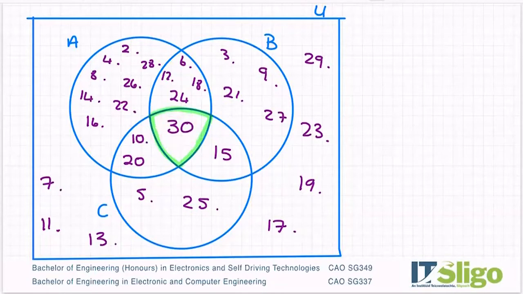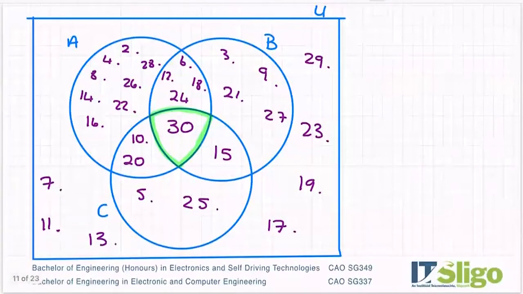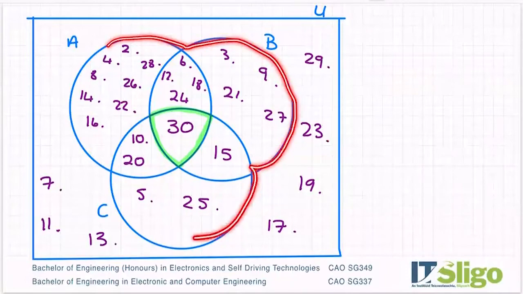So that's the universal set filled into the Venn diagram, and that completes your Venn diagram, and there could be a fair amount of marks for completing that. The question says find the number of elements in (A union B union C) complement. So this is A union B union C, all inside these three circles.